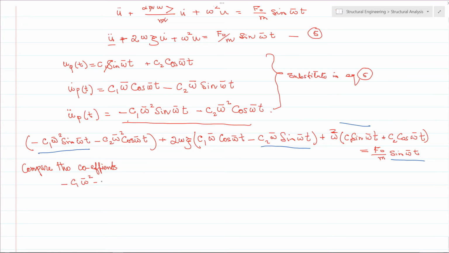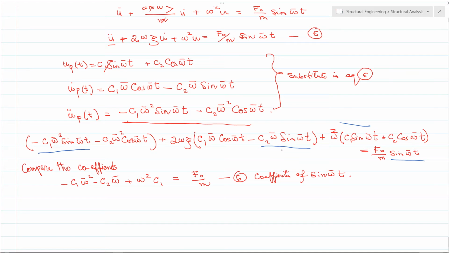Minus C2 omega plus omega square into C1 is equal to F naught over M. So this is our equation number 6. That is the coefficients of sine omega bar t.